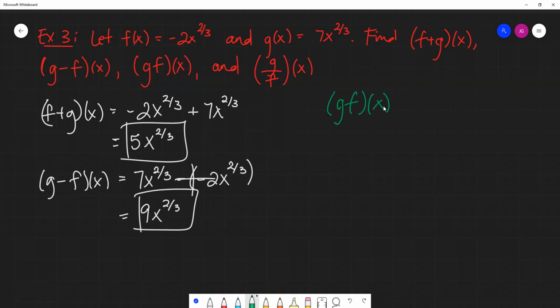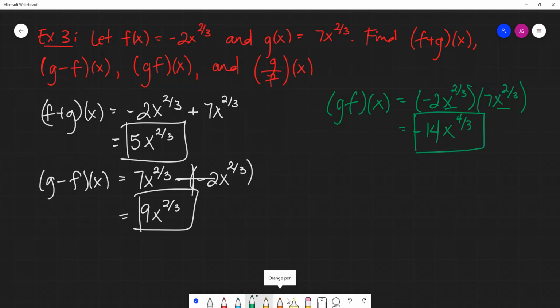Multiplication doesn't matter, right? It's commutative, so I can multiply in whichever order I want. So that's going to be negative 2x to the 2/3 times 7x to the 2/3. Multiply our like things together. Negative 2 times 7 is negative 14. x, same base, that means I add the exponents. 2/3 plus 2/3 is 4/3. So there's our multiplication function.